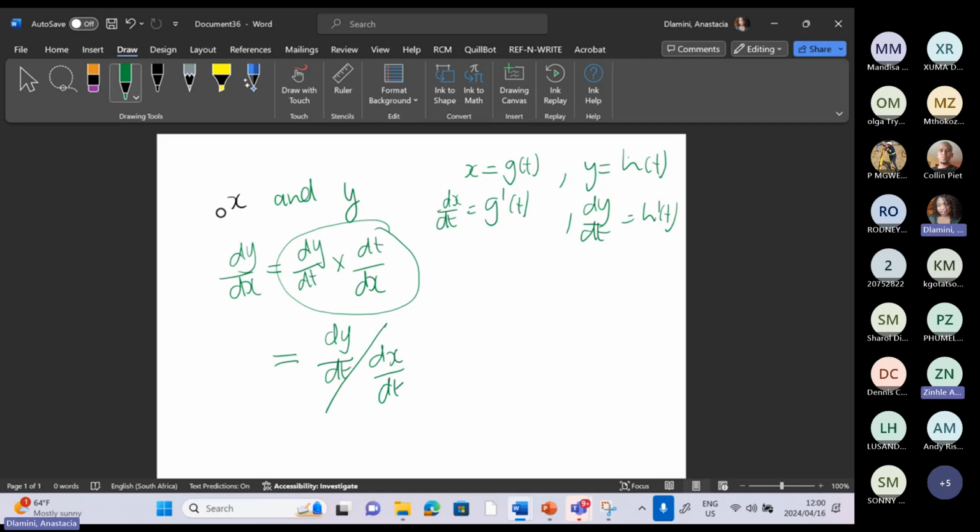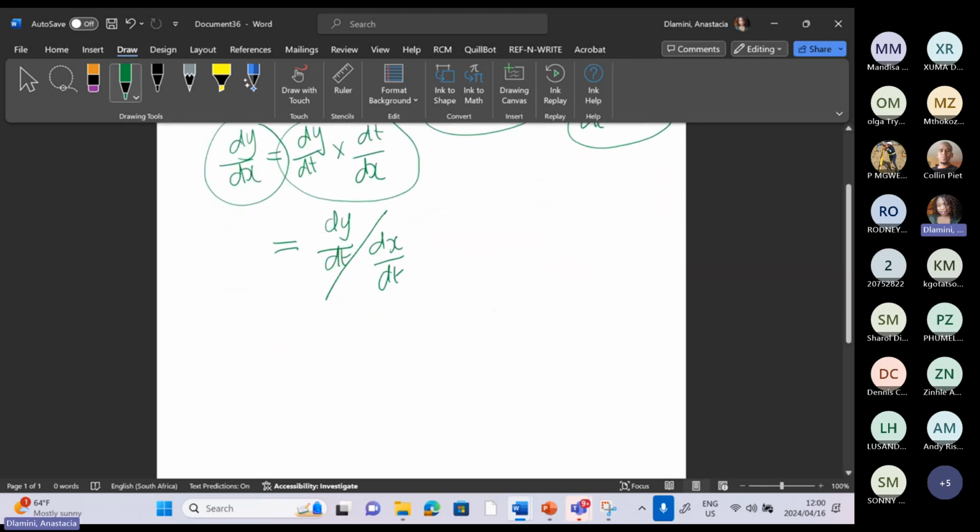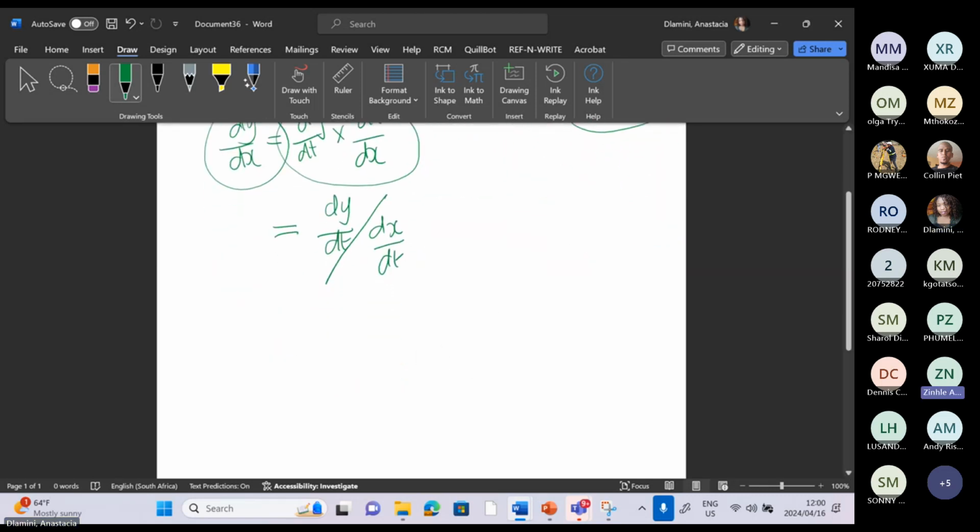Are we all together there? Yes, ma'am. Meaning that you say this divided by this to find dy over dx. Yes, ma'am. Because dt over dx is just the same as 1 over dx over dt.